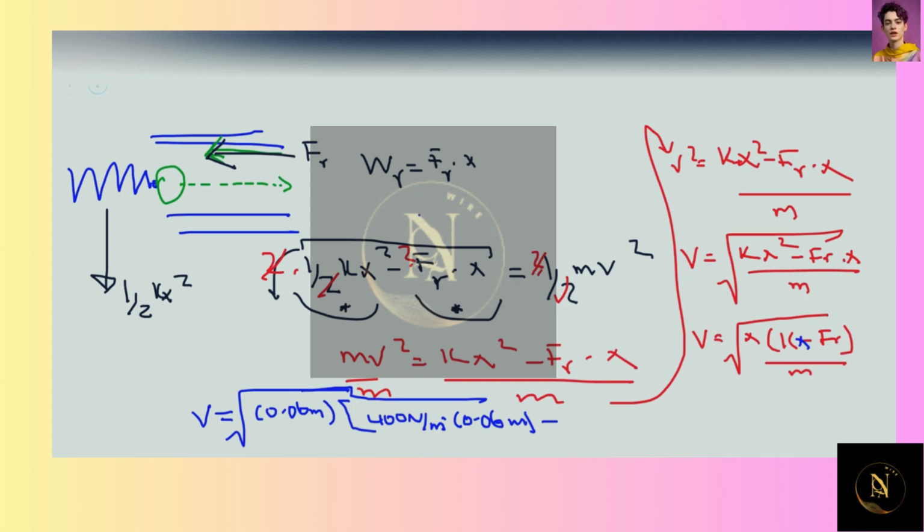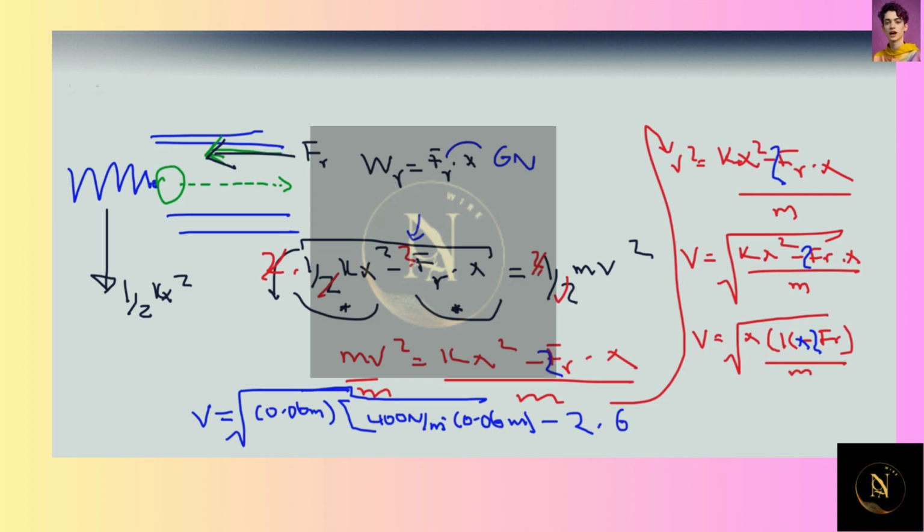Remember, there's a 2 here, so let's not forget that. So minus 2 times the resisting force, which is 6 newtons. If you can recall this force right here, it's 6 newtons.